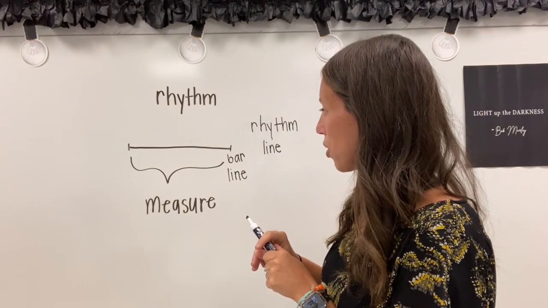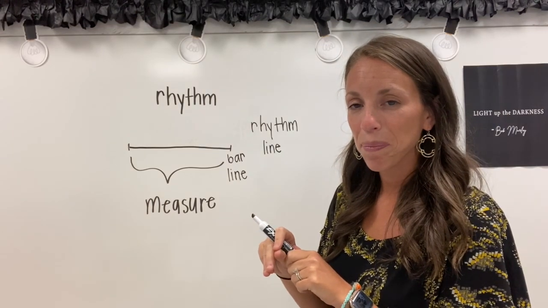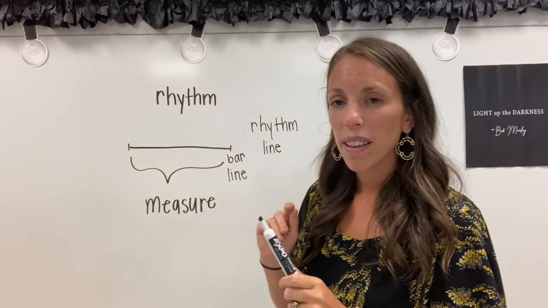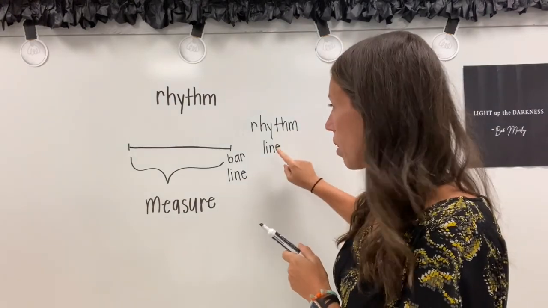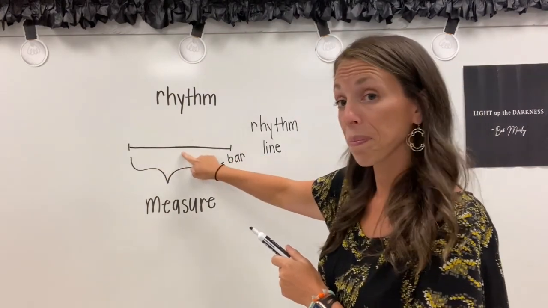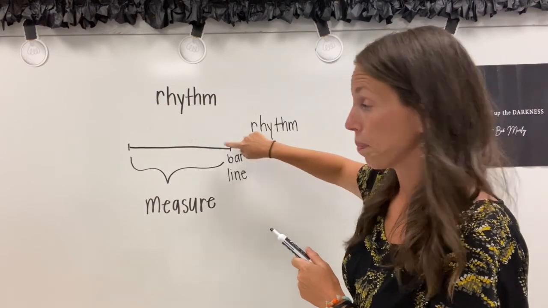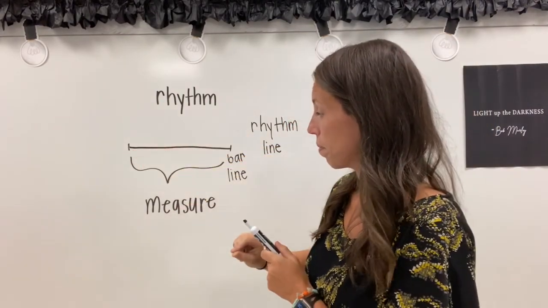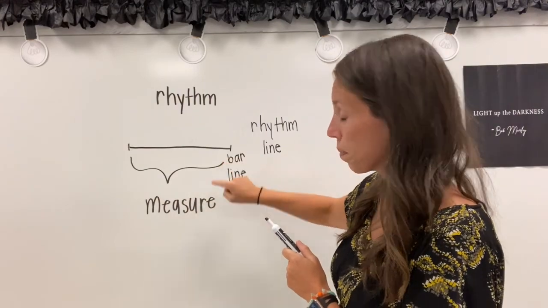Take a moment and make sure that you have that all written down nice and neatly. Let's say these vocabulary words. Would you repeat them after me? Rhythm line, bar line, measure.